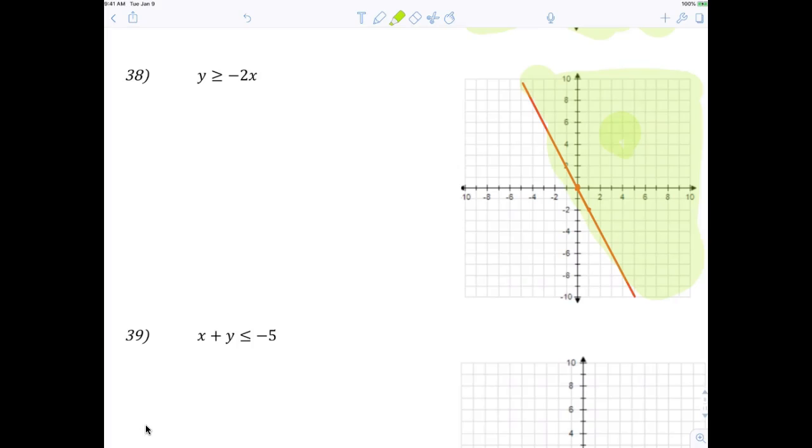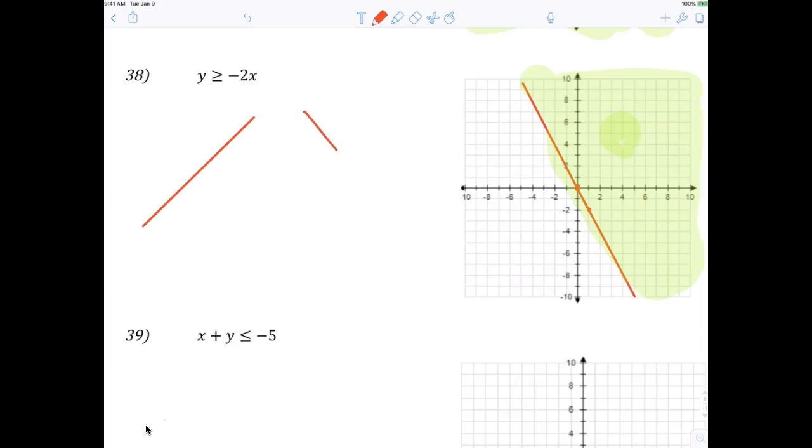Try to include the origin. No, listen to me. You ready? When you shade, if you're shading greater than, you're going to be what? Above. Less than is what? It always works. Every single time. Look right here. Here's a line.